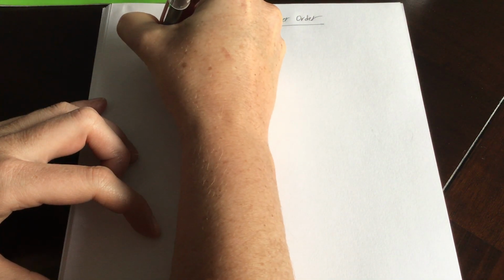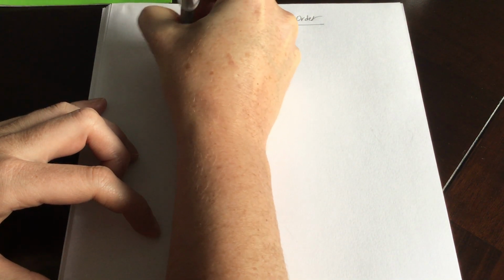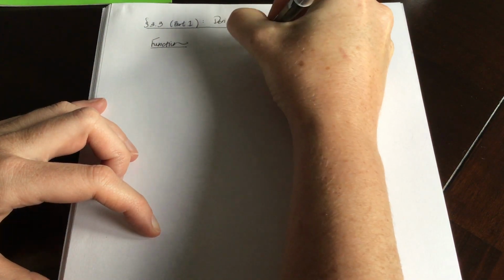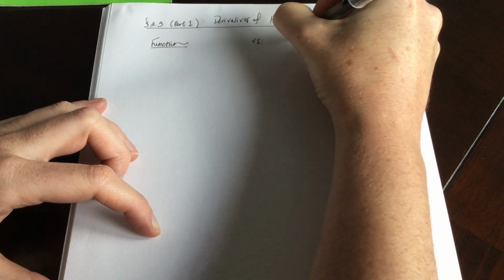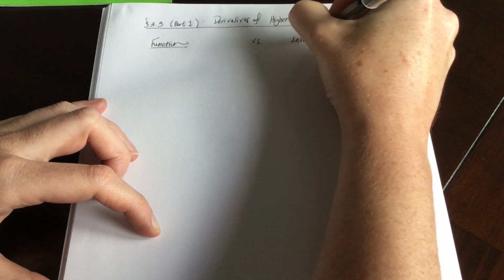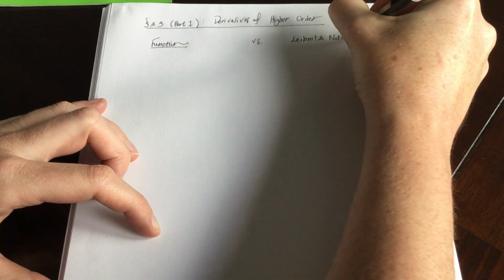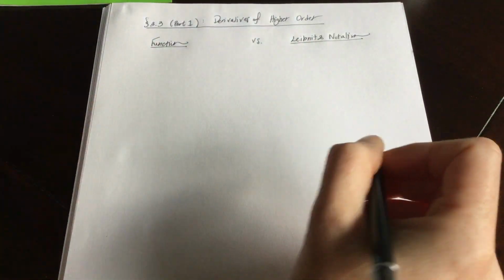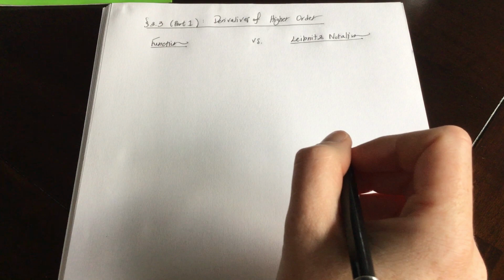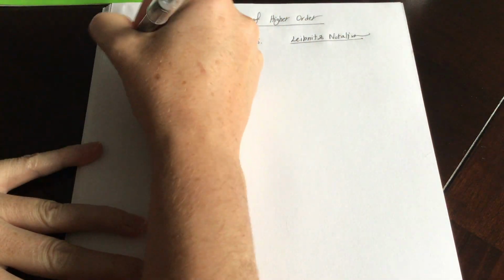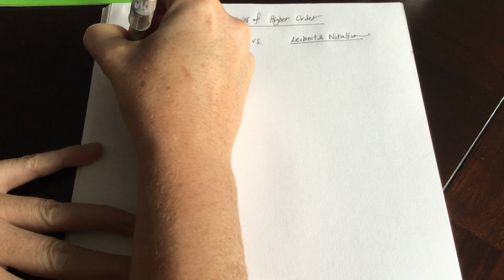We'll talk about how you handle it using function notation versus Leibniz notation. And I hope you are starting to feel like you're getting a little used to Leibniz notation as we go.